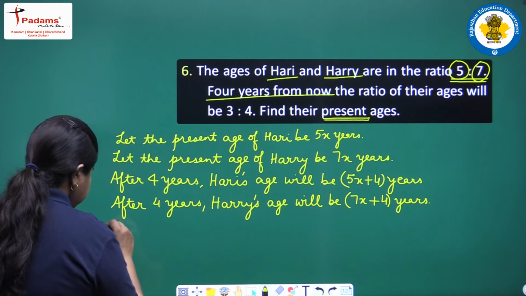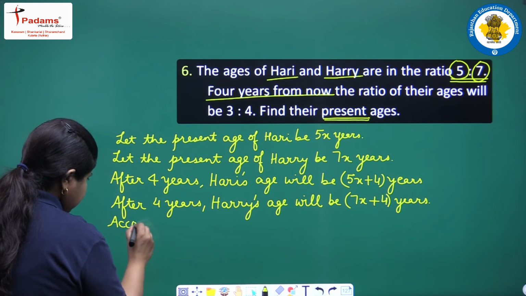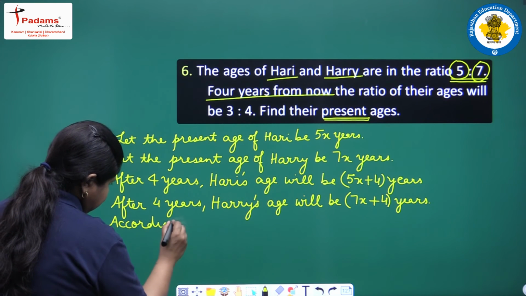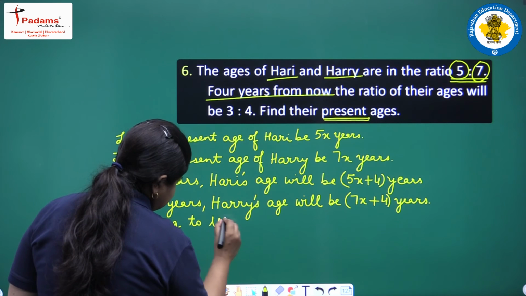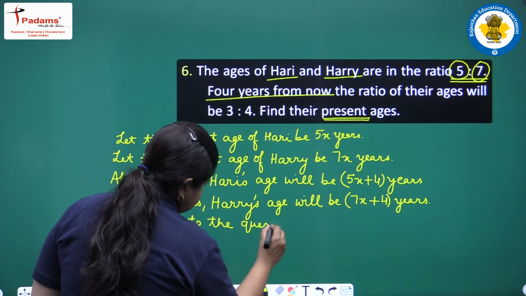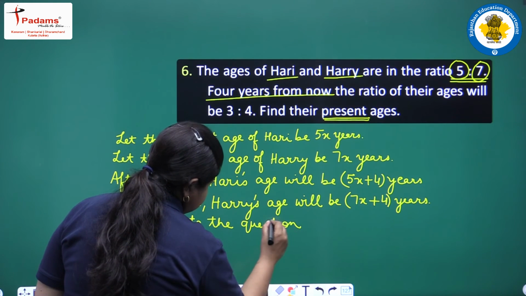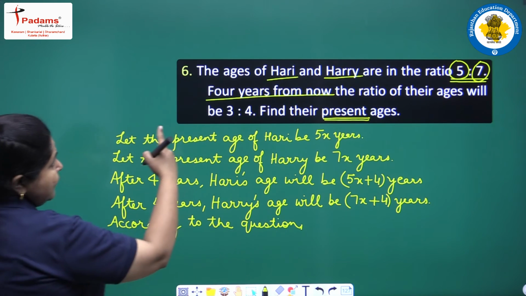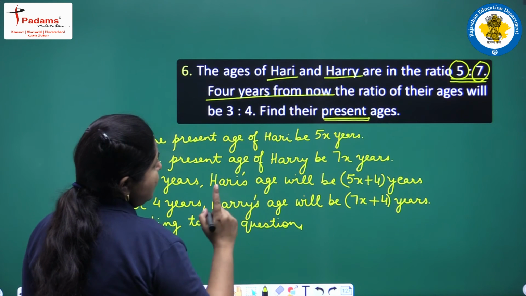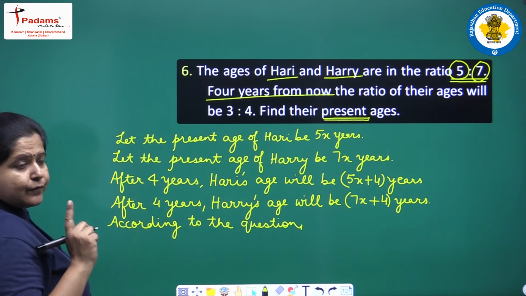Now we will form the equation according to the question. What age we have? 4 years from now the ratio of their ages will be 3:4.